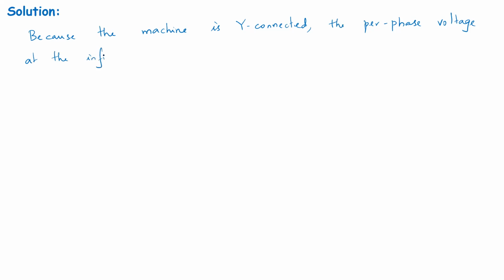Because the machine is star connected, the per phase voltage value at the infinite bus is given by V magnitude equal to 208 divided by root 3, which is equal to 120 volts approximately.